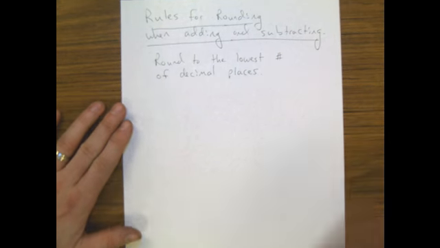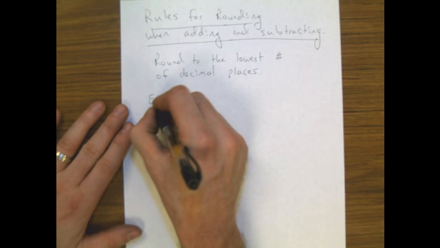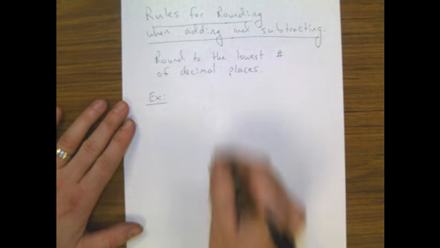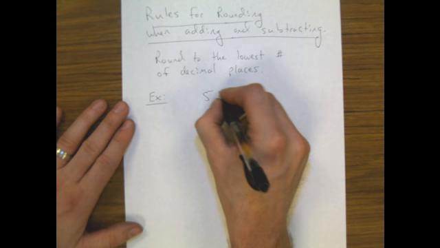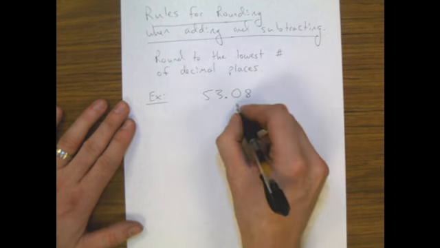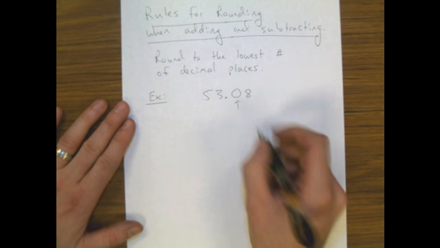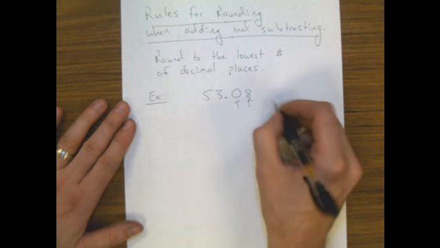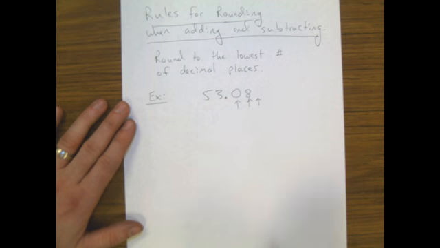Now, I'm going to give you a couple examples of what it means by decimal places. I'm going to write out the number 53.08. We should all be familiar with this being the tens place, this being the hundreds place, and to the right of that, if I had another number, that would be the thousands place.